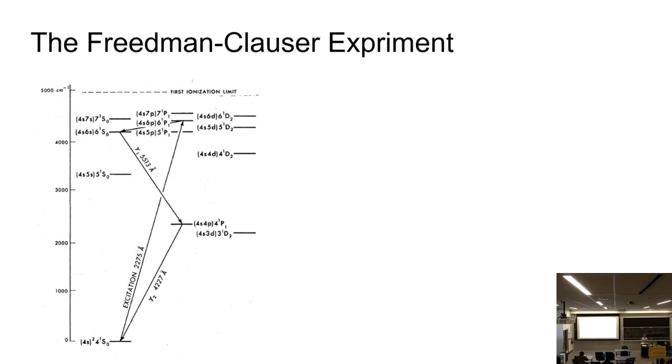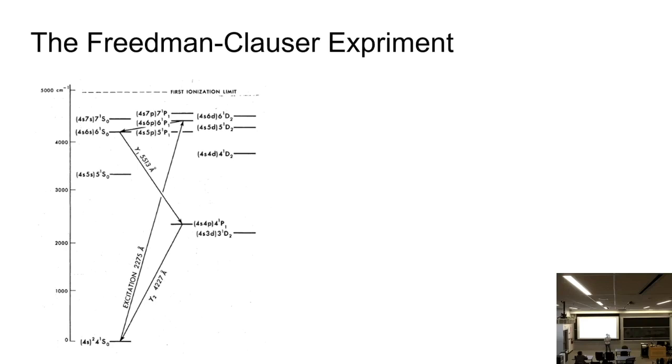And he thought that the photoemission in calcium might work to do this test. So here's an energy level diagram for the different states of calcium. And in this experiment, here's your ground state. I'm going to excite using 227 nanometer light.